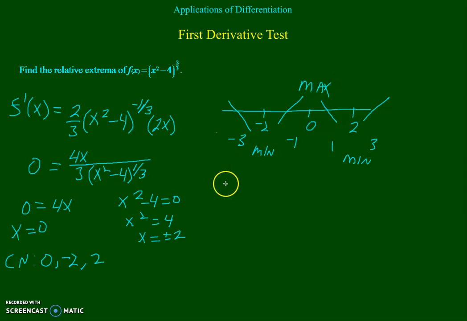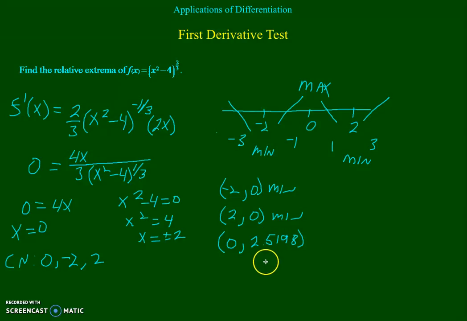So we're going to have a minimum at negative 2, 0, we're going to have a minimum at 2, 0, and we're going to have a max at 0, and that's about 2.5198, and that's a max.